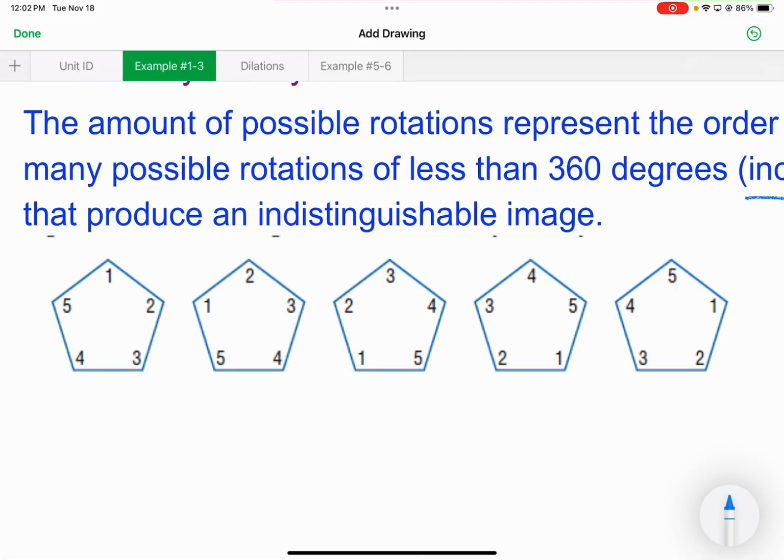And my question to you is, how many times can I rotate this pentagon, like spin it, so that it lies exactly on its original image, within 360 degrees? Five times, because there are 5 vertices. If I rotate it for each one of those vertices, it would lie back on itself.